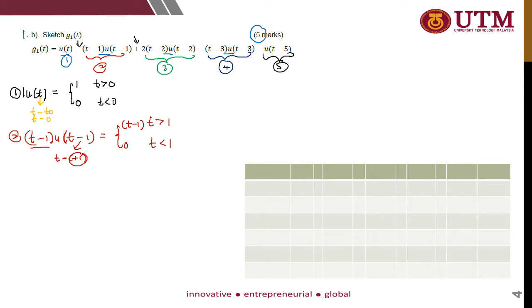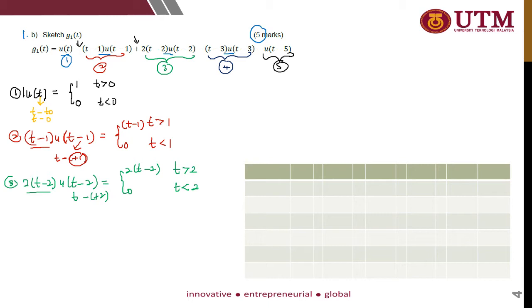Next, the third component, it's 2(t minus 2)u(t minus 2). It's from 0 to the maximum, 2(t minus 2), and the range is, again, t minus positive 2, so t less than 2 and t larger than 2.